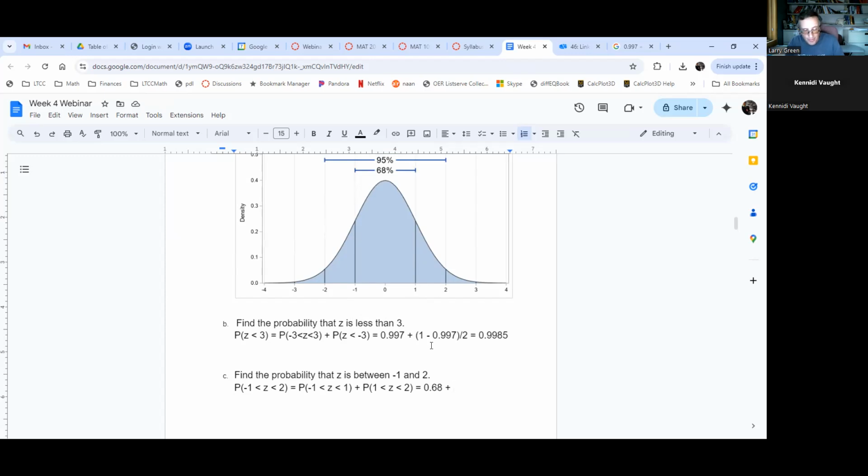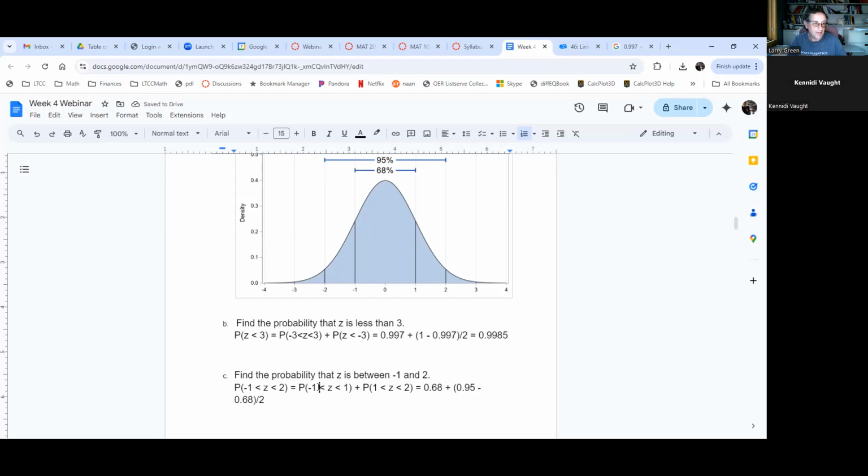So kind of in summary, as I type it in, we're going to take the total area between -2 and 2, and that was 0.95. And subtract the area between -1 and 1, and that is 0.68. And then I divide by 2.